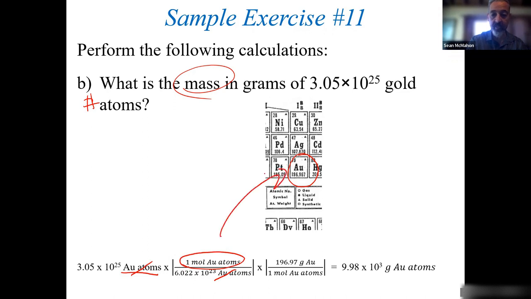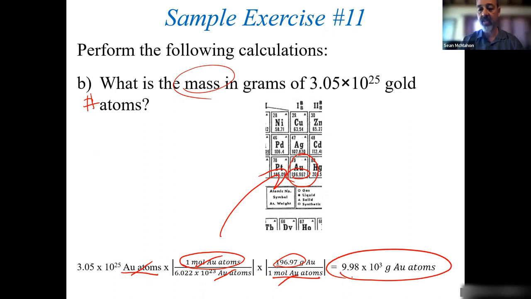And then using the periodic table, in 1 mole of gold atoms, there's 196.97. I always go to the hundredths because you don't want to waste time writing like 5 decimal places after. Just go to the hundredths, make it clean. Moles cancel. I'm left with 9.98 times 10 to the 3 grams of gold atoms.